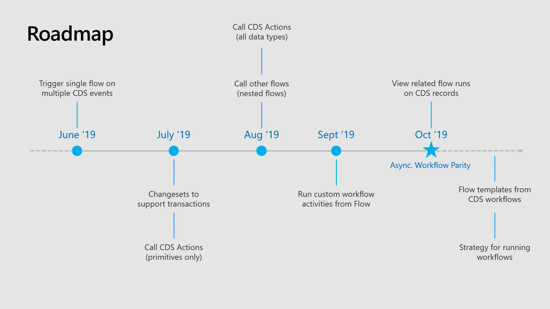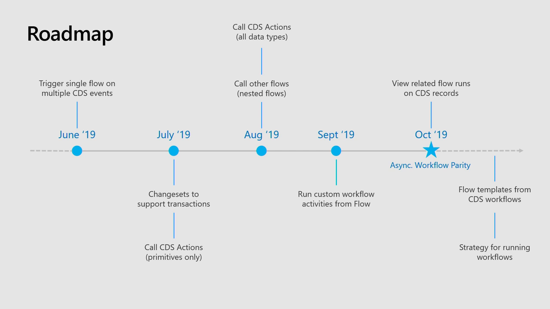Coming in July, we'll have more things like change sets, August through September, and then finally in October, our goal is that we have full parity with all of the current capabilities in async workflow. That means any scenario built on top of asynchronous workflow inside of the Common Data Service today, you should be able to migrate to Microsoft Flow by October.